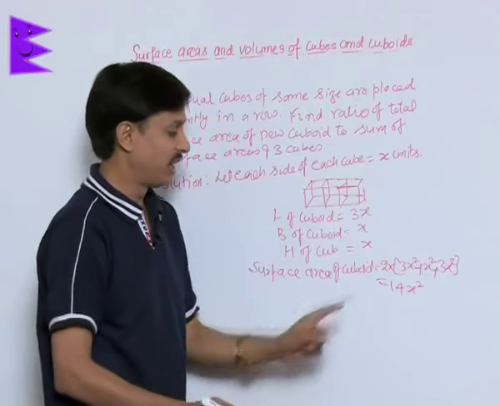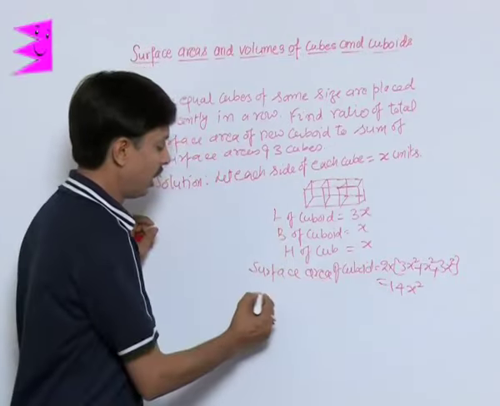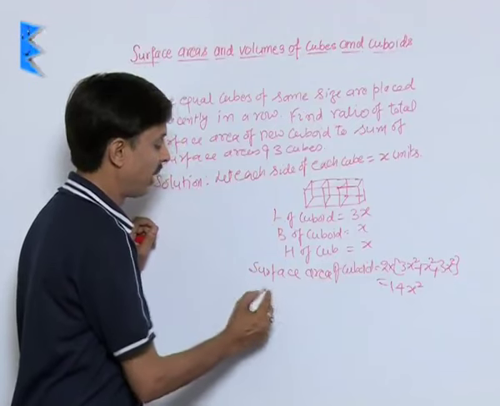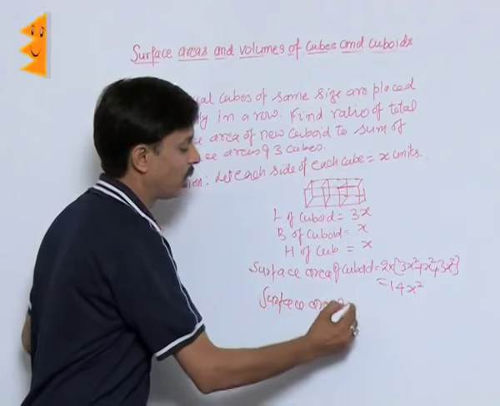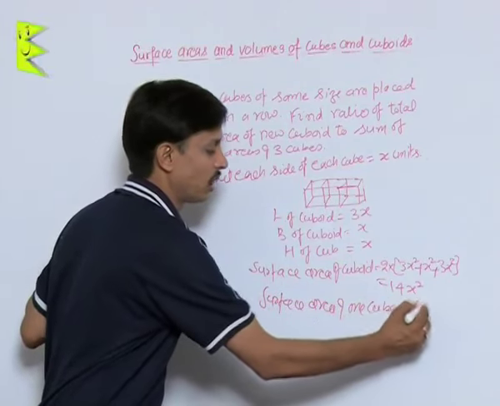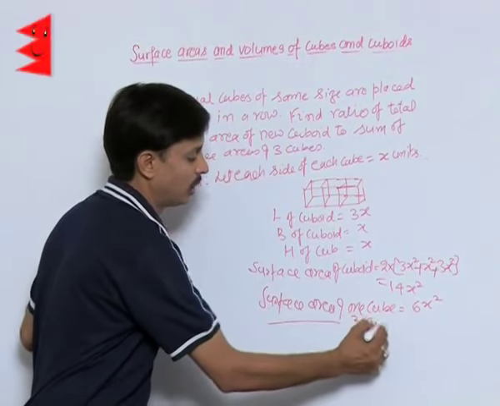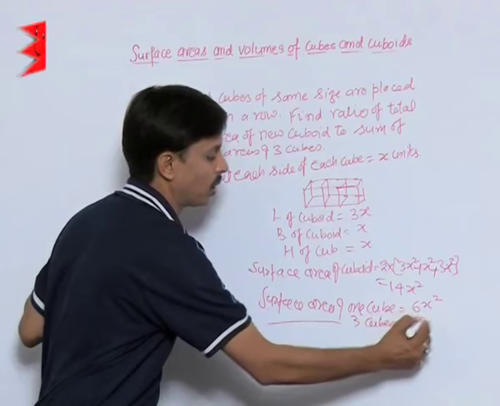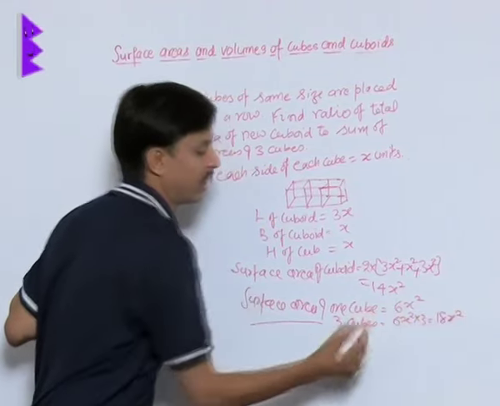We want to find the ratio of this area to the area of 3 cubes. The surface area of 1 cube is equal to 6 into x square. The surface area of 3 cubes is equal to 6x square into 3, that is 18x square.